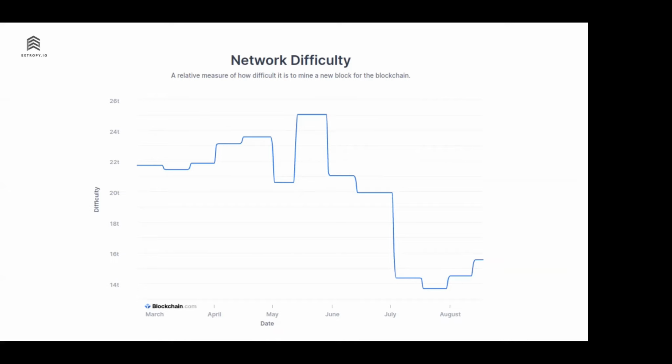So suddenly there were fewer people mining, and it was taking longer to produce a block. There were fewer people solving this puzzle, so the block time increased. As a result, the difficulty was dropped down until we got to a situation where the block time was roughly 10 minutes again, and then we could continue. So it is dynamically adjusted over time.